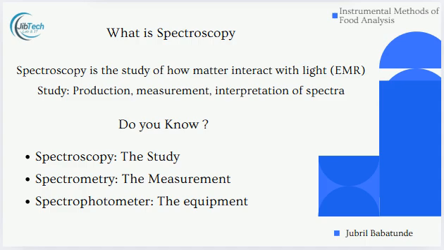You could also think of spectroscopy in this way: when you have a juice in a cup, and you really want to analyze the concentration of, let's say, vitamin C in that juice.